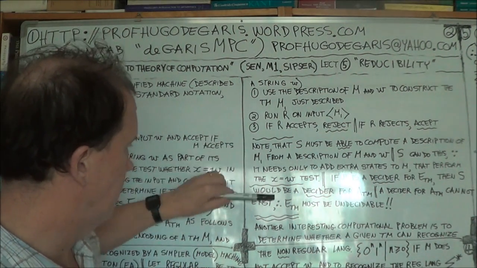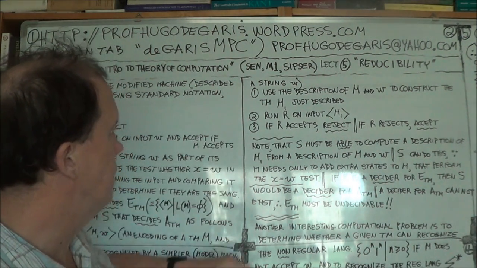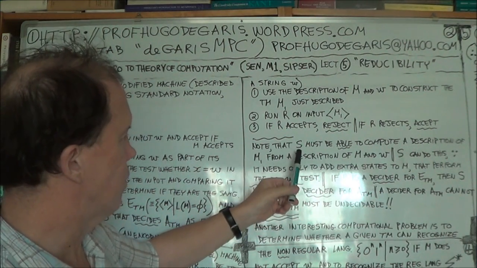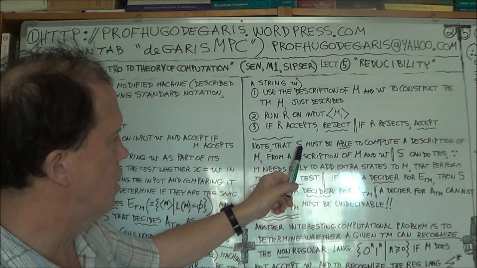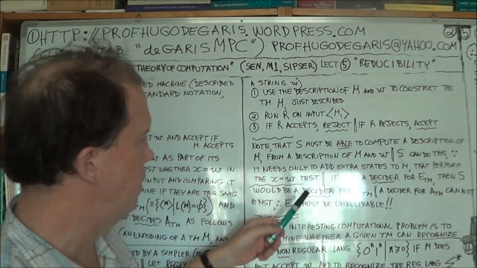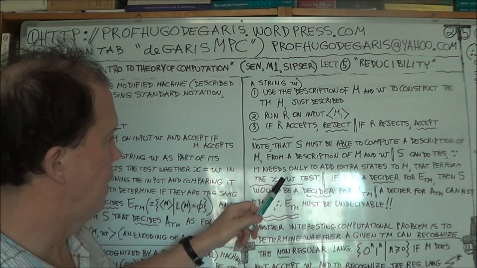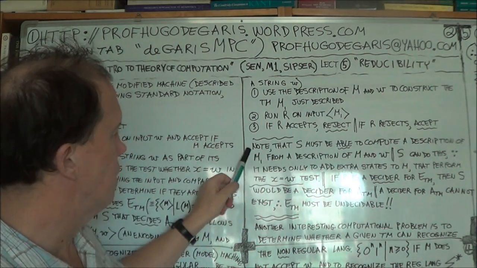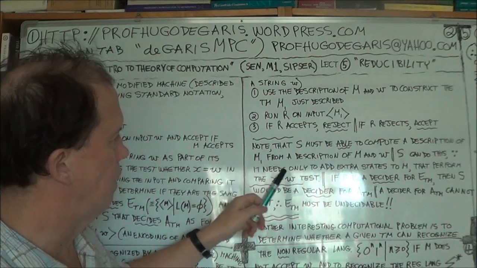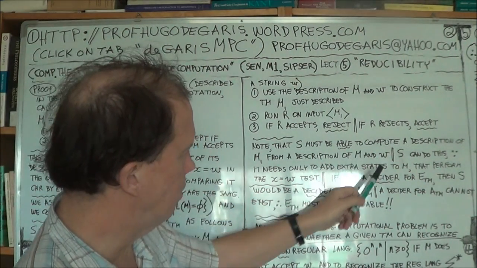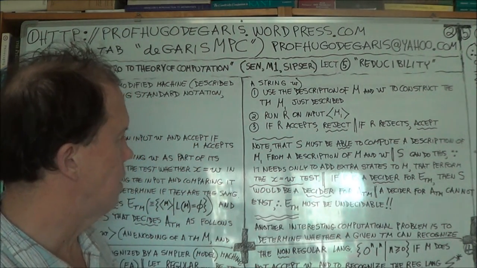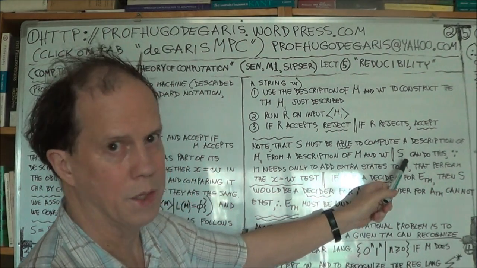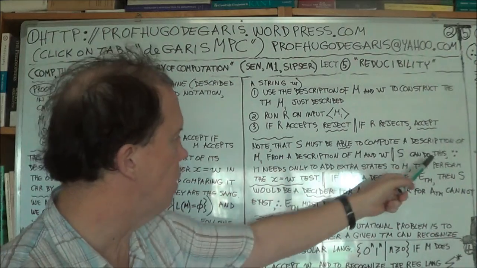Now a couple of notes again by Sipser. Again, it's sort of common sense. So your larger Turing machine S has to be able to compute a description of this, because it needs to put it into here, right? So it needs to be able to compute a description of that from the description of M and W. So that's sort of obvious, and then he says that S, the larger Turing machine, can do that because why?